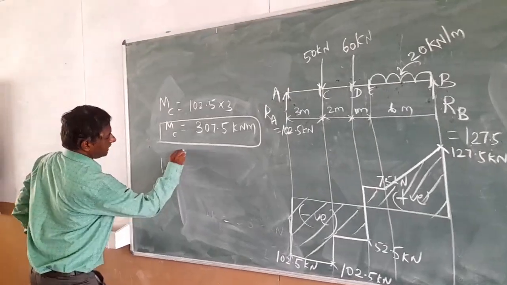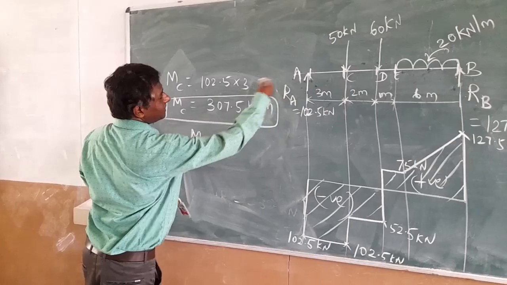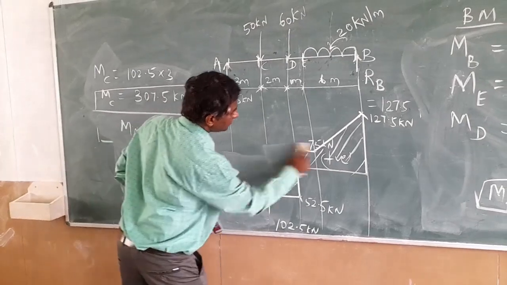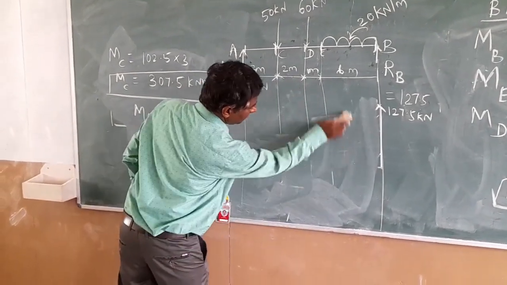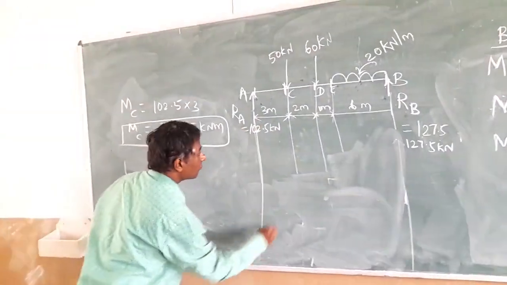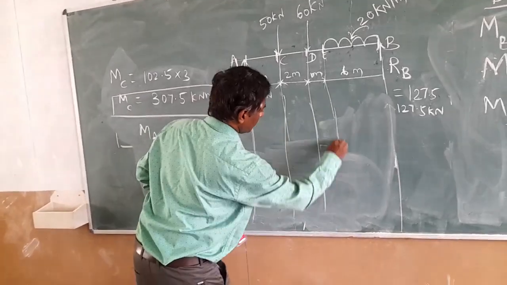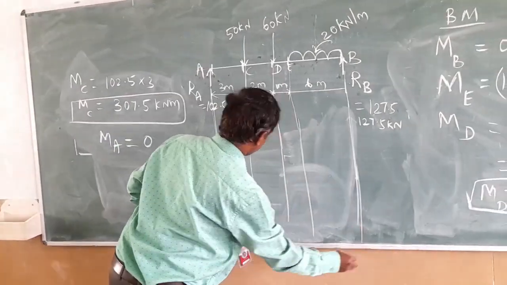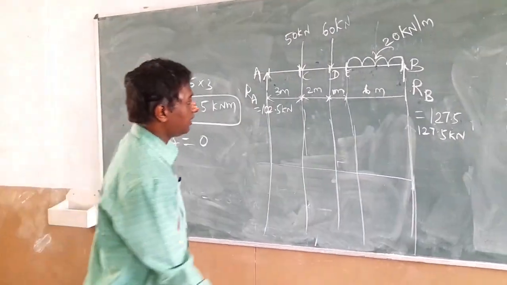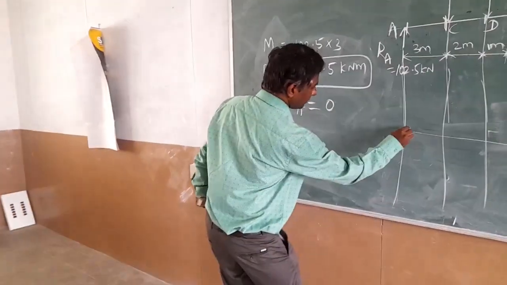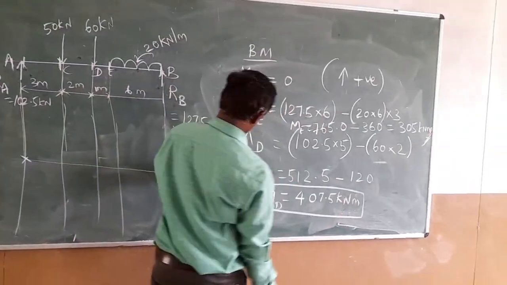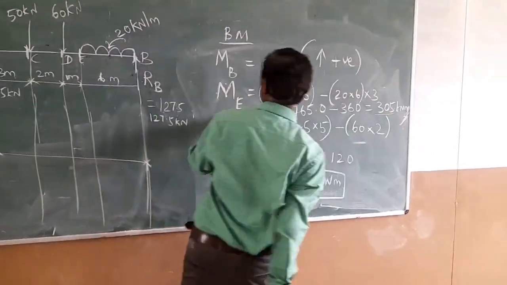And the ME also we have to find. Just erase the shear force diagram. This is the zero bending moment line. So at the point B it is 0, at A it also is 0. M at E is equal to 305, the positive value.